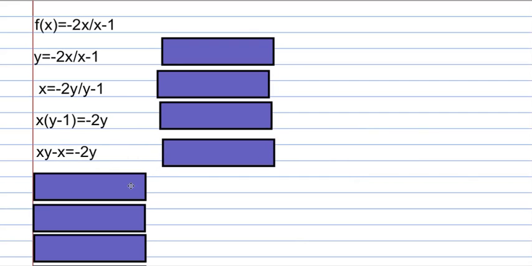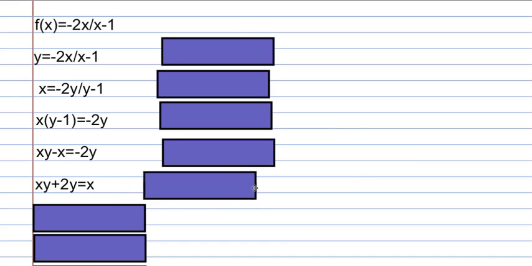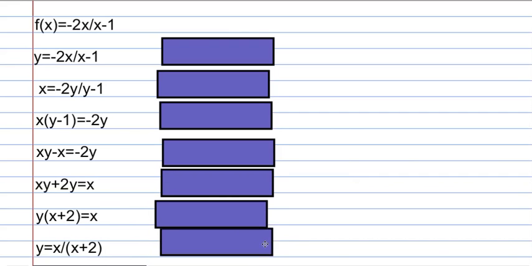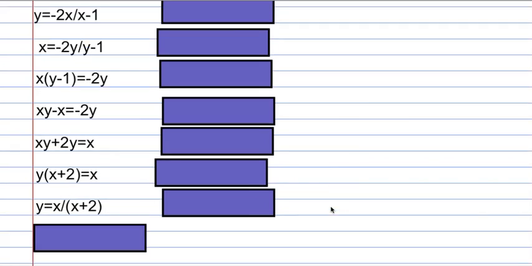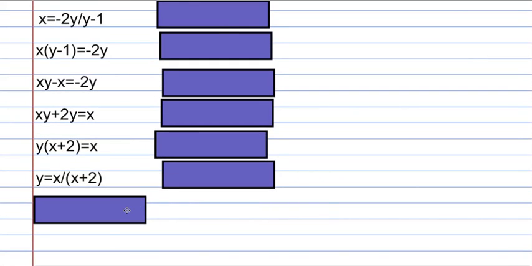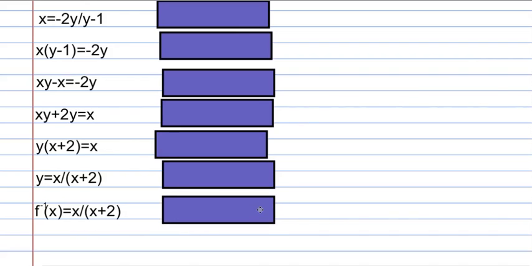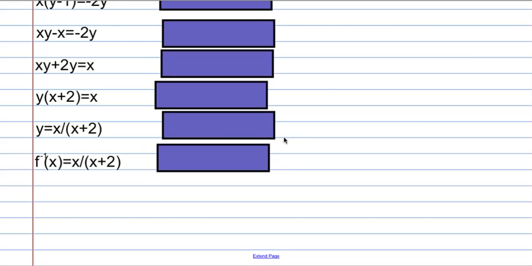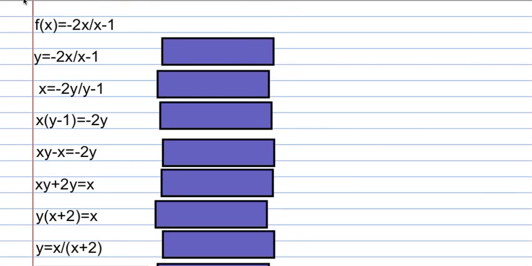Distribute the x throughout, subtract or add x on both sides, and add 2y on both sides. Factor out the y so that we can then divide both sides by x plus 2. Now we have the y by itself, but we need to add the inverse notation, and so we have our answer, our inverse for our original function.